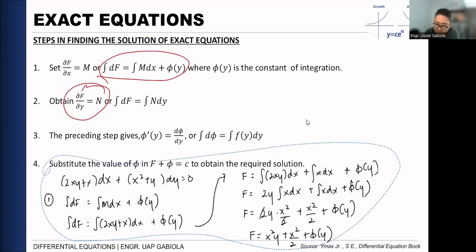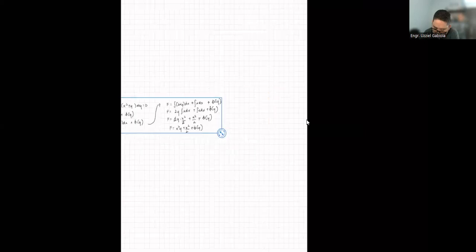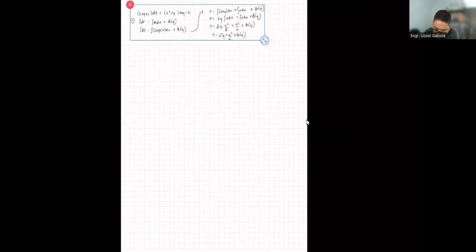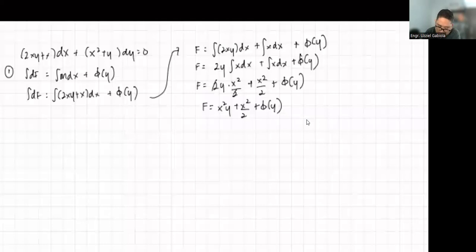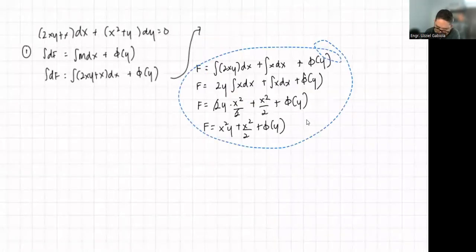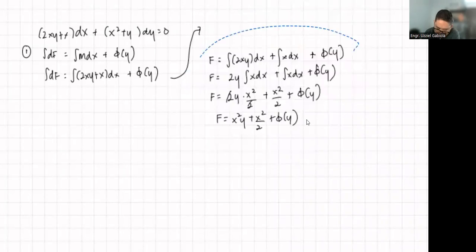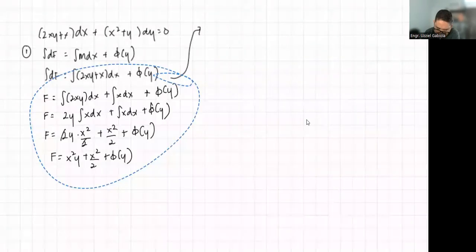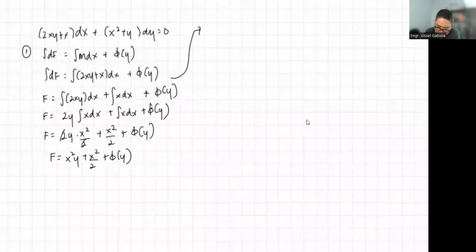Okay, so let's proceed. Ayan, yun yung solution natin dito para sa step 1.